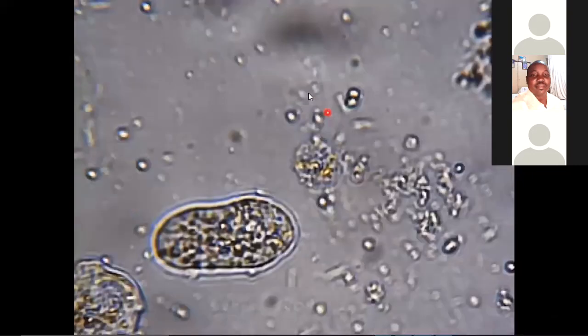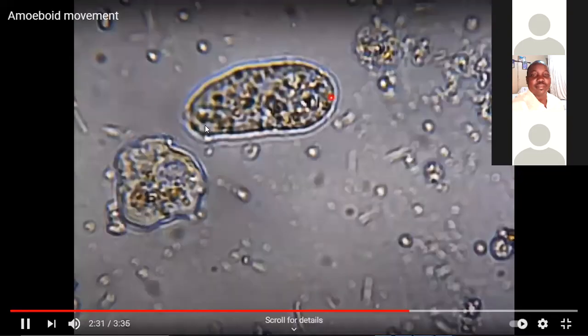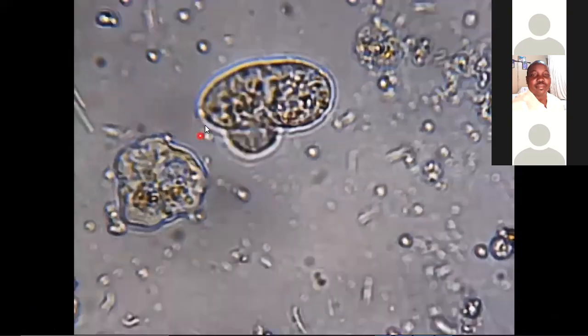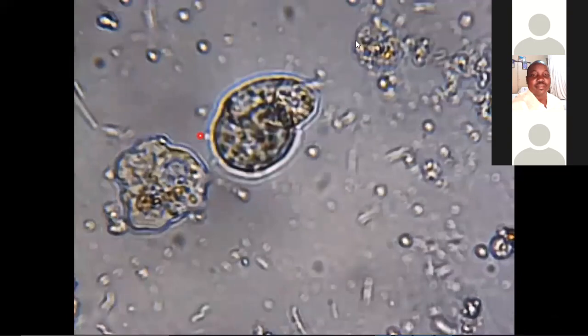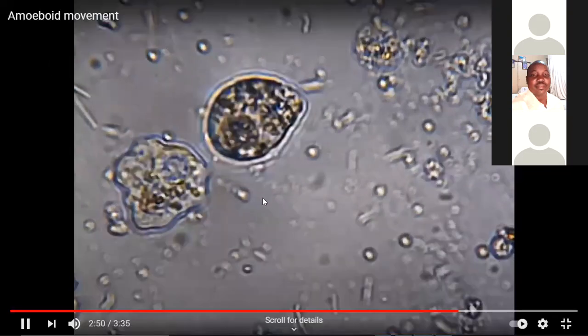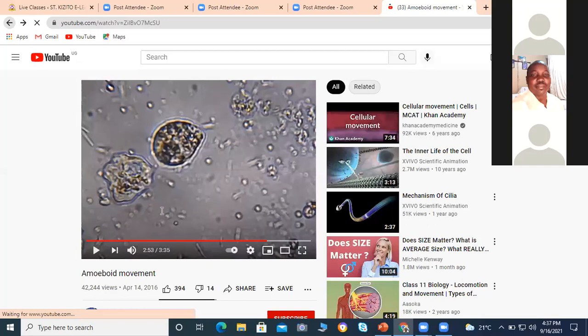The solid will move here, resulting in the formation of a new pseudopodia. So that is the appearance. We will use the last one to explain that.